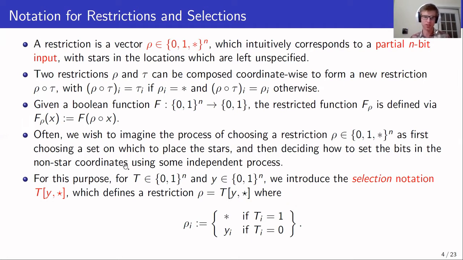For this purpose, I have this selection notation that I need to introduce. You take some selection vector t, which determines the locations of all the stars, and some assignment vector y, and together you define this restriction, which I denote like this. The ith coordinate is a star if t_i is 1, and in the locations where t_i is 0, you fix it to y_i.